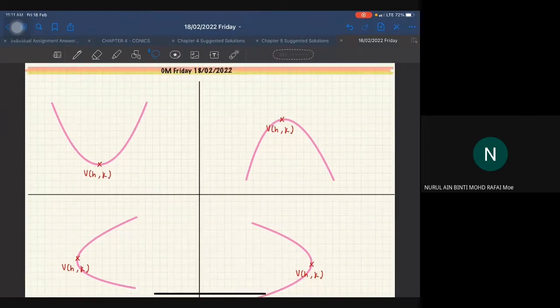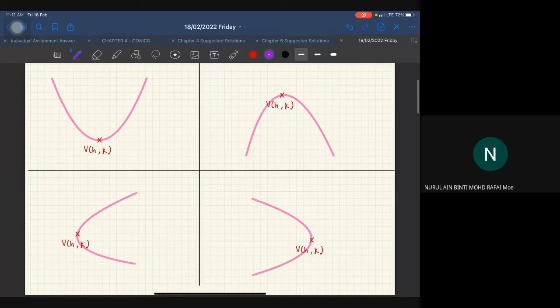Kedudukan foci and juga directrix ni akan berubah mengikut shape parabola awak. Kalau untuk graf yang pertama, foci akan duduk dekat dalam. Semua foci memang akan duduk dekat dalam, cuma beza dia dekat kiri, kanan, atas ataupun bawah vertex. So in the first case, saya guna warna hijau, foci akan duduk dekat sini. Okay, this is our foci.